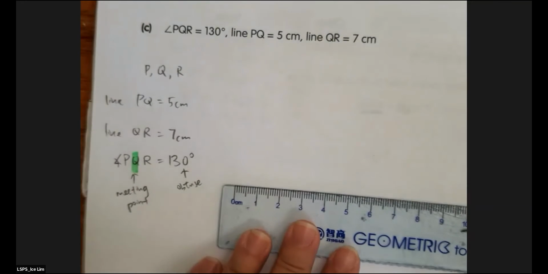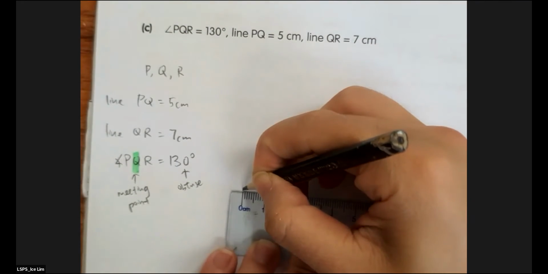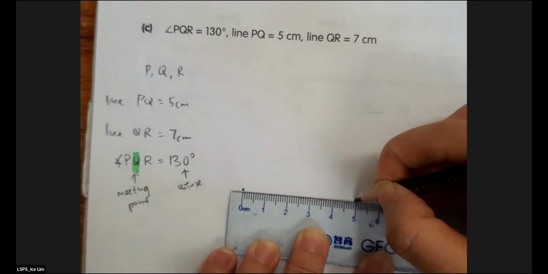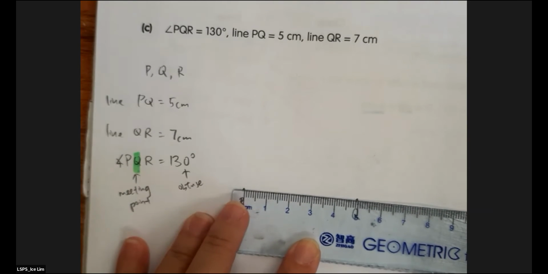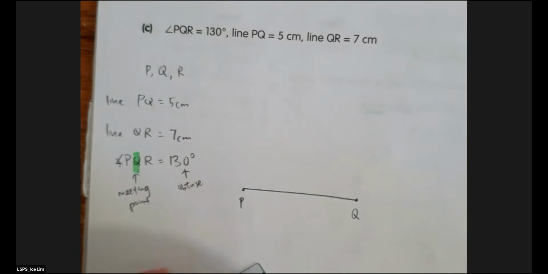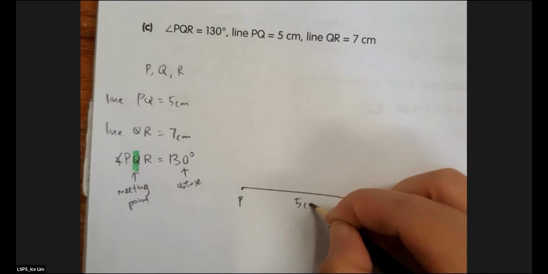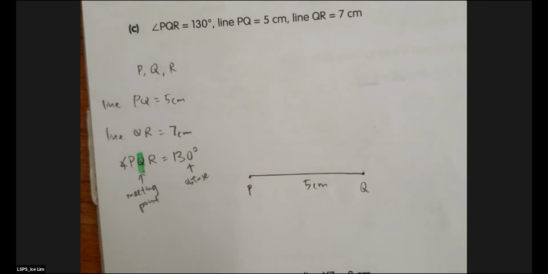Okay, so 5 centimeter, point P and Q. Drawing the line, 5 centimeter. Now, to be scoring well in mathematics, accuracy is very important.